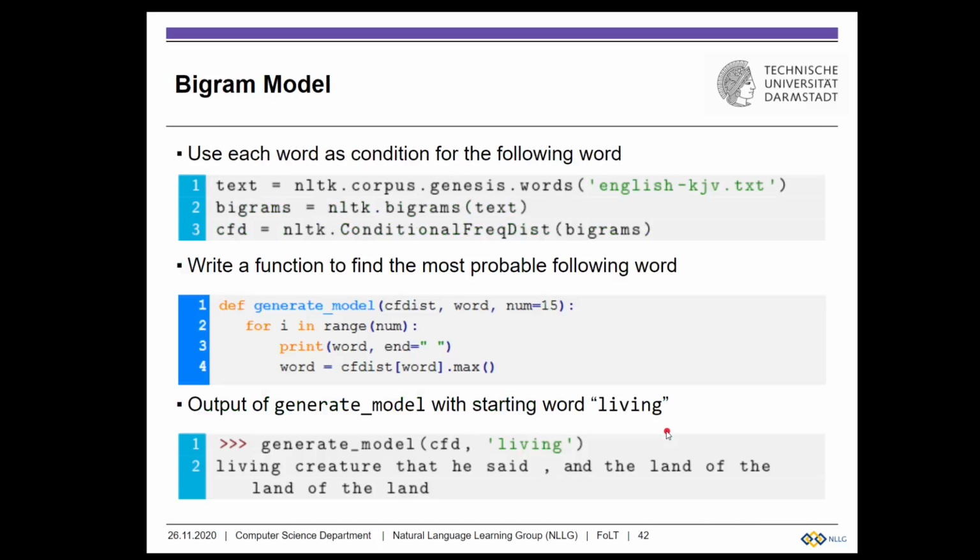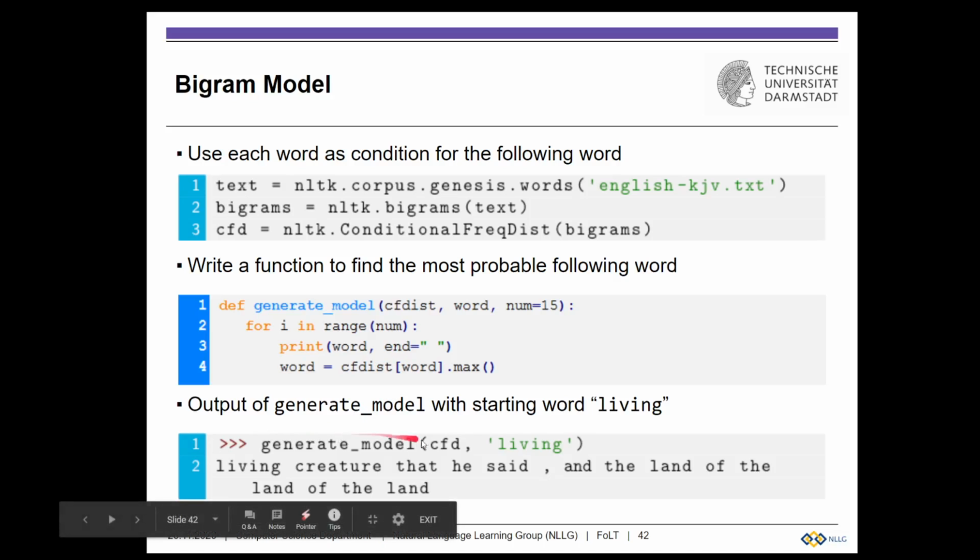So we pick this word that has the highest frequency. Then in the next iteration, we print this word, and following this word, we again get the most probable word given the current word.